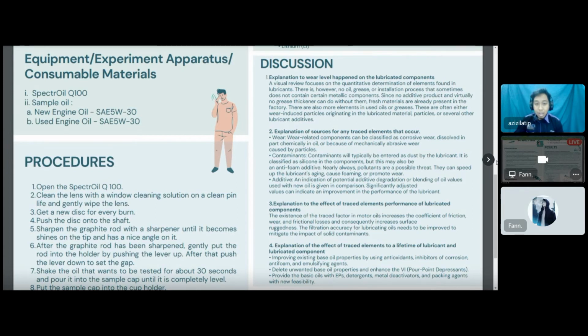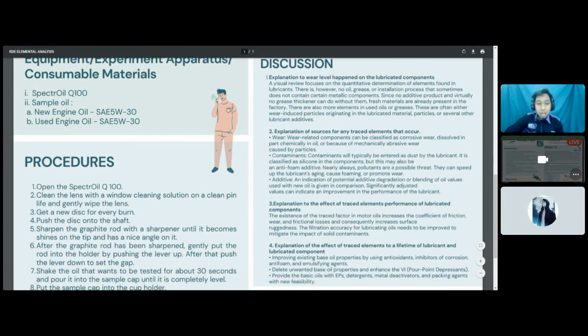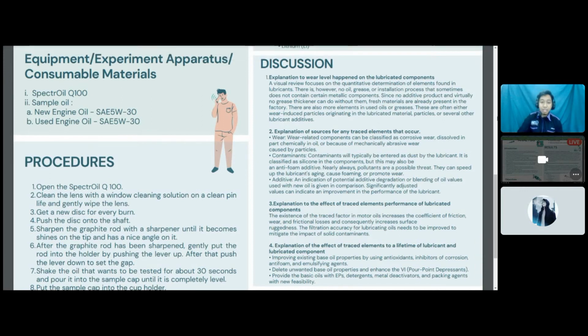First, aspiration to wear level happens on the lubricant component. So usually we check this element with visual review, focusing on quantities of determined elements found in lubrication. However, oil and grease for industrial processes sometimes do not contain certain metallic components, since this oil does not have additive products.